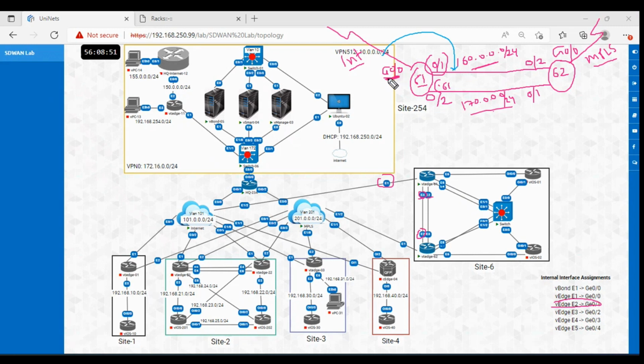So we are extending this 0/0 to be used as a TLOC extension on this 0/1. Similarly, we are extending gig 0/0, and we are extending this TLOC towards our other interface, which is gig 0/1.